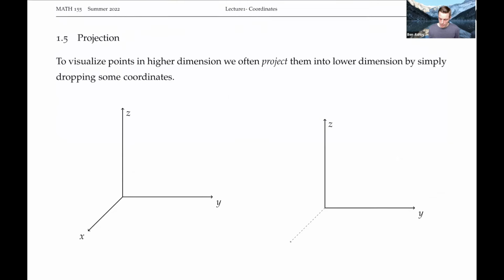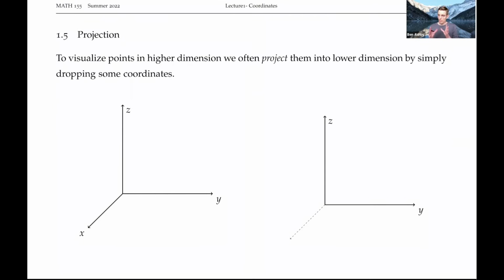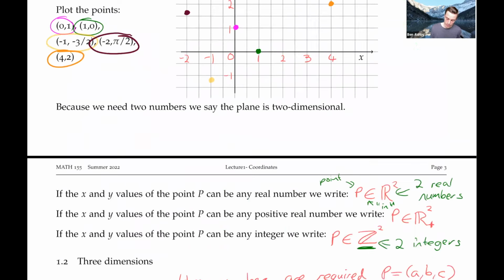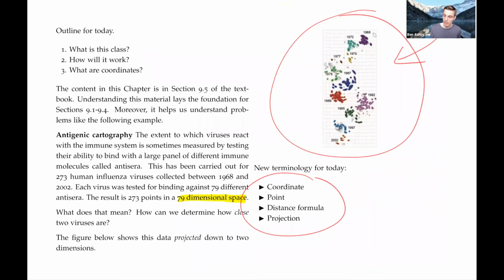Now, at the start, I talked about this antigenic map where we had these 79 different anti-sera that different strains of flu viruses were tested against, and that was projected down onto just 2 dimensions. So just to clarify what I'm talking about, this figure up here on the top right, we're going to talk a little bit more about this later this week.